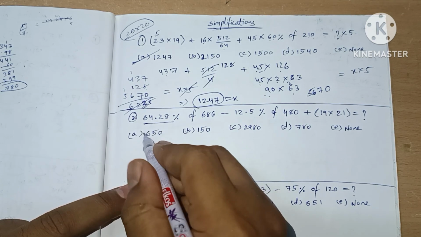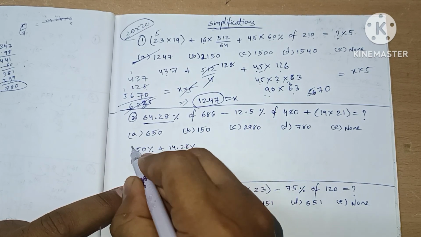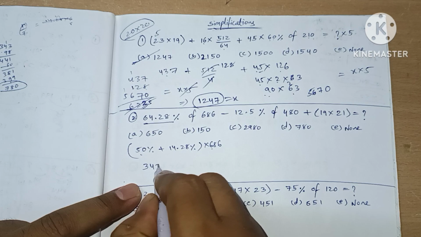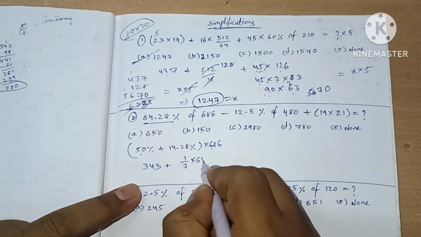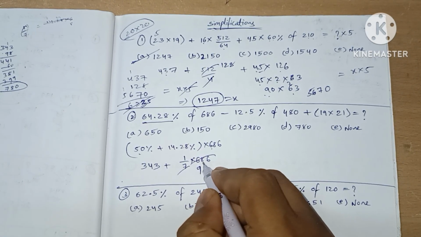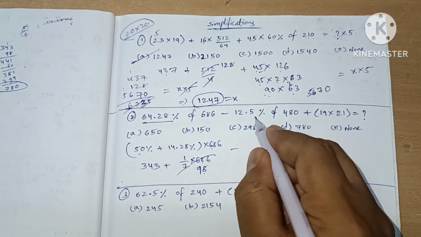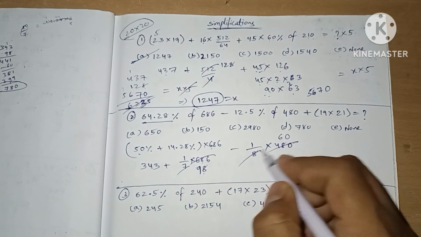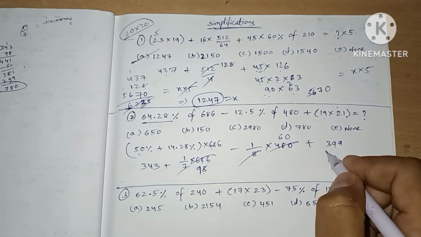I don't know the exact fraction value, but I can say this as 50% and 14.28% of 686. 50% means half of 686, which will be 343, plus 14.28% is nothing but 1 by 7 into 686. 7 9 times 63, we left with 56, 7 8 times, so 343 plus 98 minus 12.5% is nothing but 1 by 8 into 480. 8 60 times plus 19 1 times will be 19, 19 2 times will be 38 and 39, 399, whole equals to x.